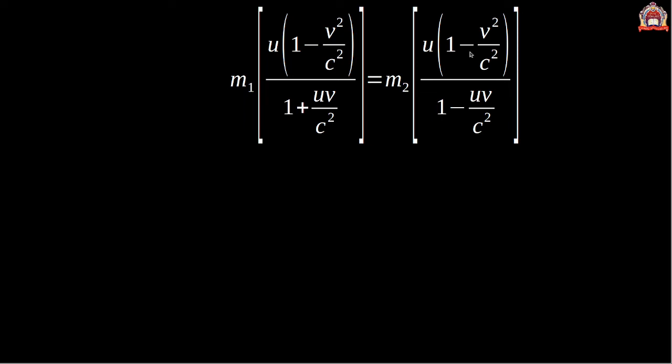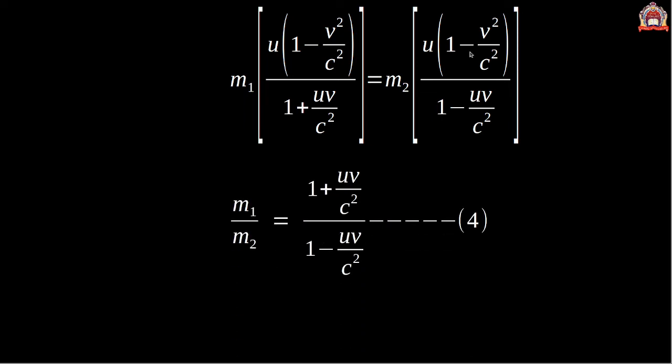After solving this equation, we get m1 by m2 is equal to 1 plus uv by c square whole divided by 1 minus uv by c square.